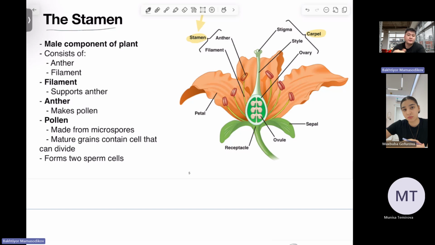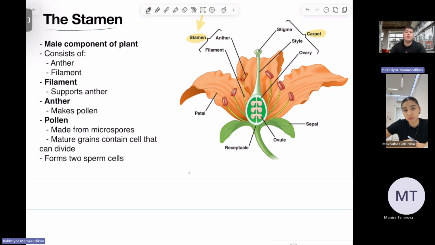Specifically, I can say the seeds are the babies of the plant, of trees, of any plant. When you put the seed into the soil, a new plant is going to grow. That's why it is the baby of the plant.